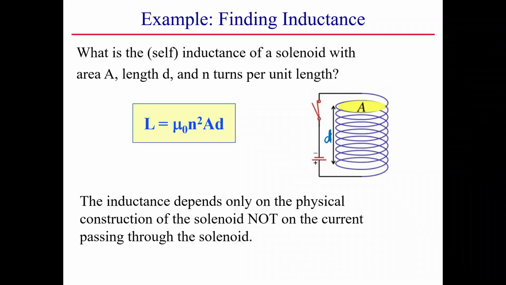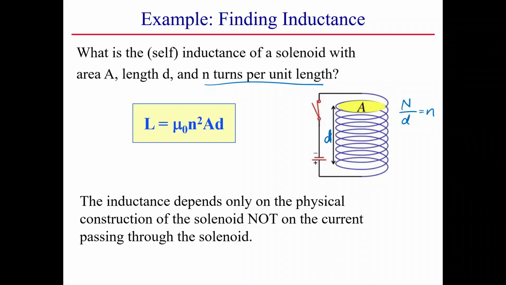So that's the length of the loops. And we're going to have a turn density, N turns per unit length. So that is going to be N over D, actually, is going to be little n. So that's the number of turns. So N is the number of turns over D.